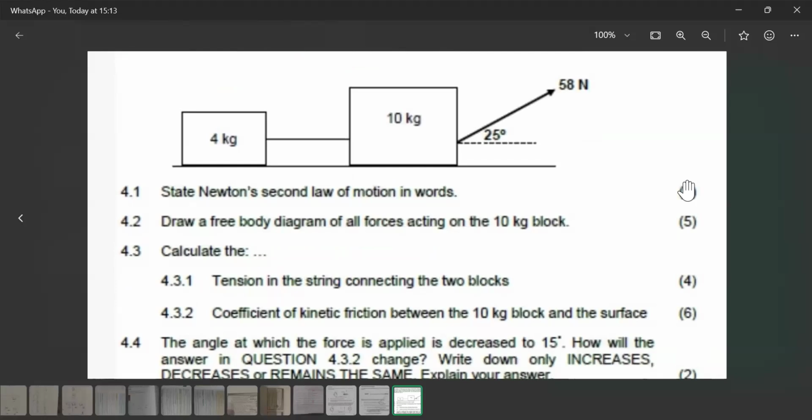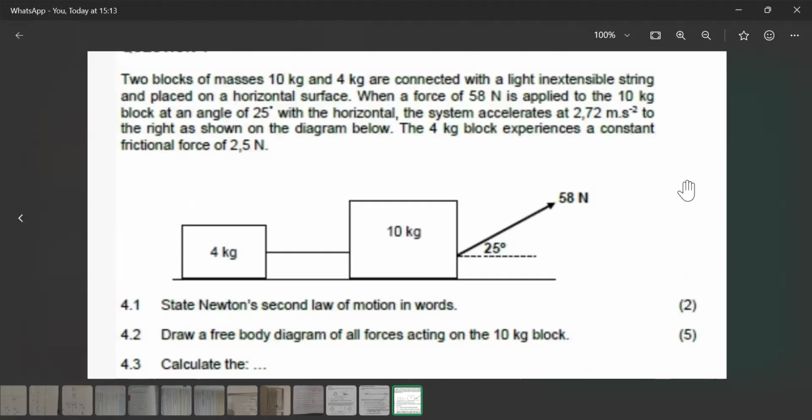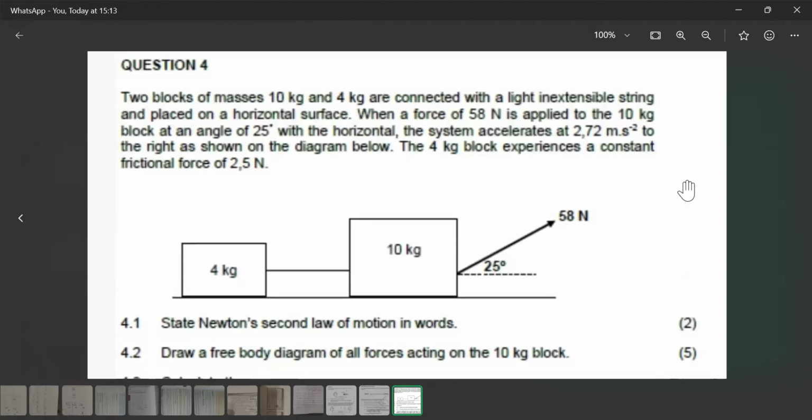Now that we know how the free body diagrams are supposed to look, they say calculate the tension in the string which is connecting the two blocks. And this is for 4 marks. Well, it's not really bad in this case. Why? Because we are given the acceleration of the system. Under normal circumstances, we are not given the acceleration.